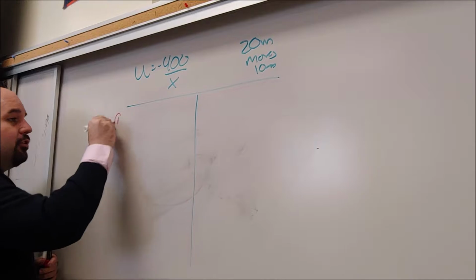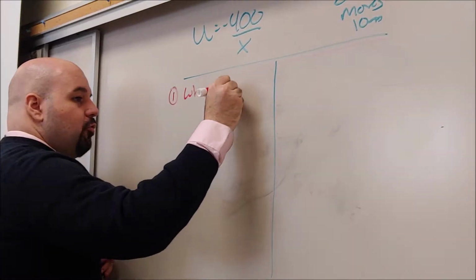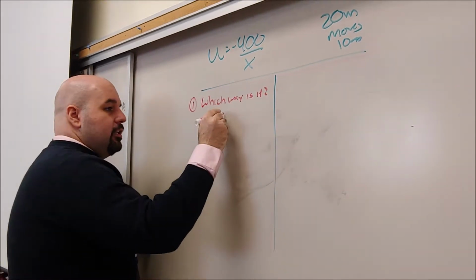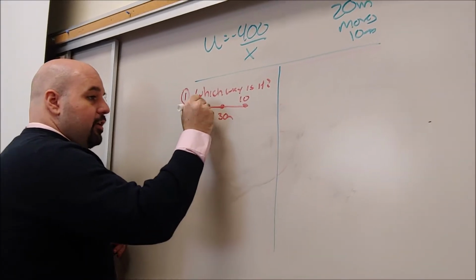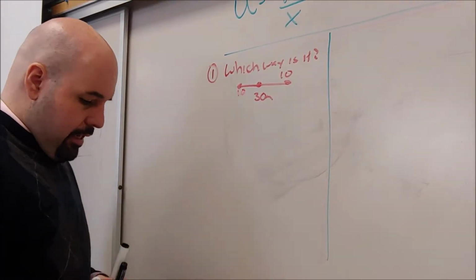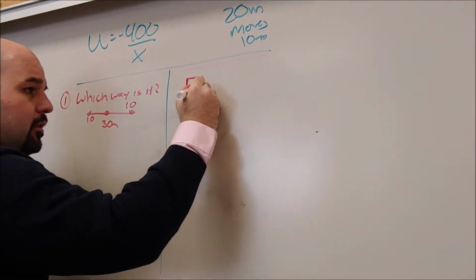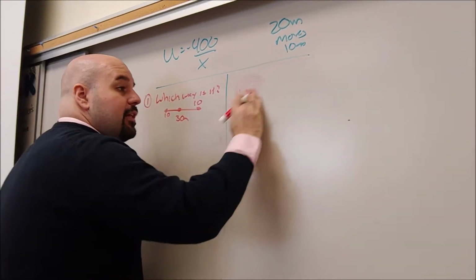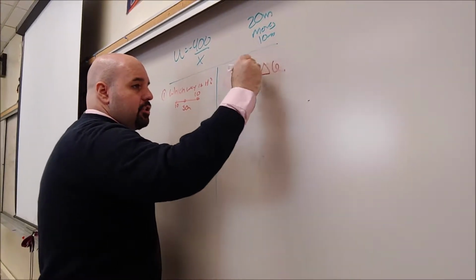So the first thing I'm going to do, along with the one from Miss Tarantola there, who's awesome, is find out which way it's going. It starts at 30 meters. It's either going 10 left or 10 right. To do that, I'm going to say that the work is the negative change of potential energy.